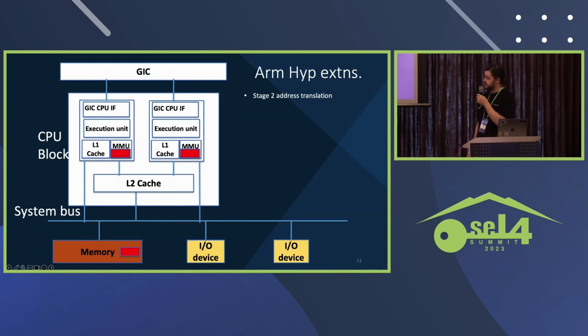This is known as the stage 2 address translation. This creates an alternate physical address space for each guest, known as an intermediate physical address. But it's the main mechanism that the hardware can use to partition system resources from each guest, so that the kernel in guest A isn't able to access physical resources that the hypervisor doesn't want it to access.